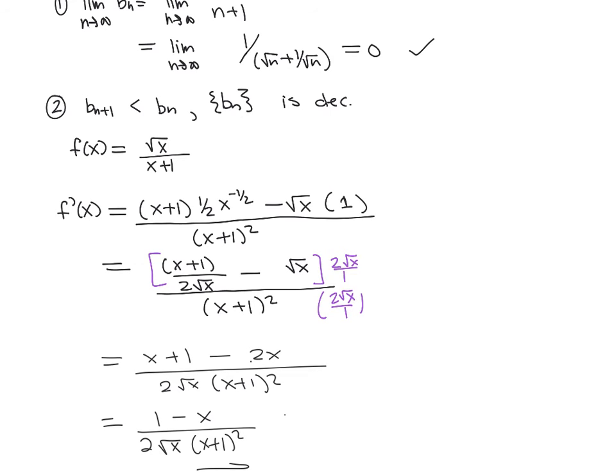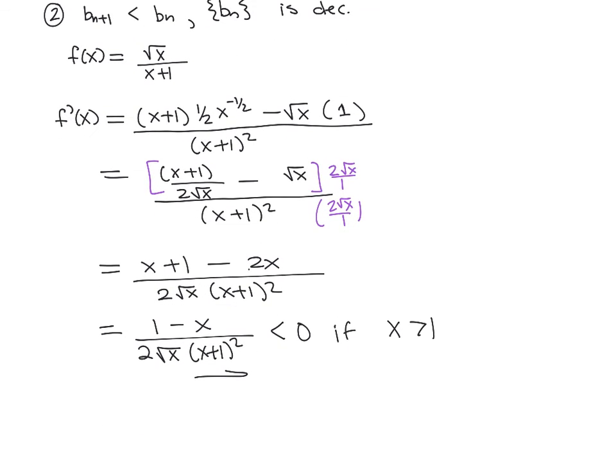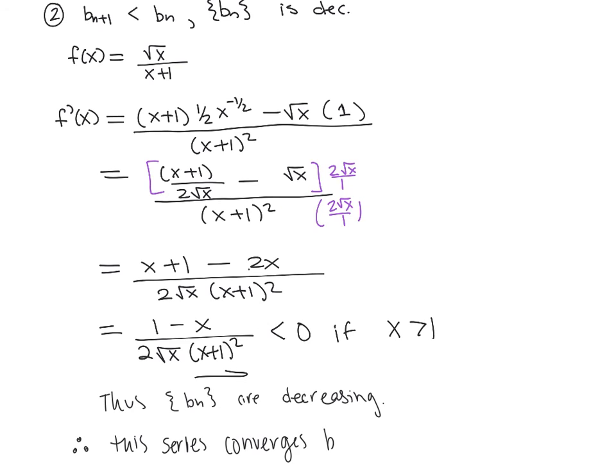Now this expression is less than 0 so long as x is greater than 1. And because that's true, then you can say that the sequence of b sub n's are decreasing. So since the limit of the b sub n's is 0, and since the b sub n's are decreasing, that's all you need. Therefore, this series converges by the alternating series test.